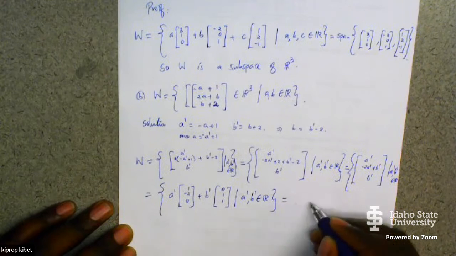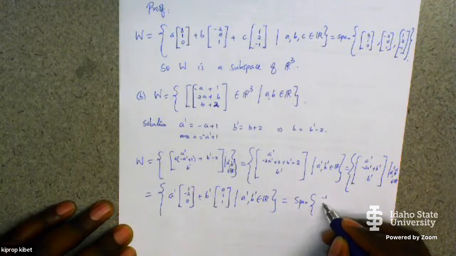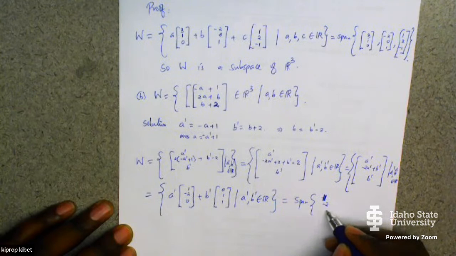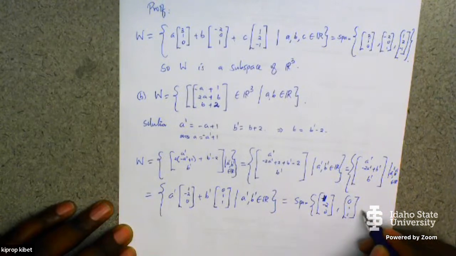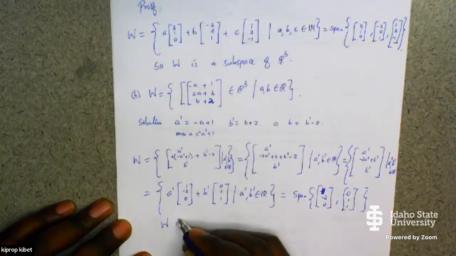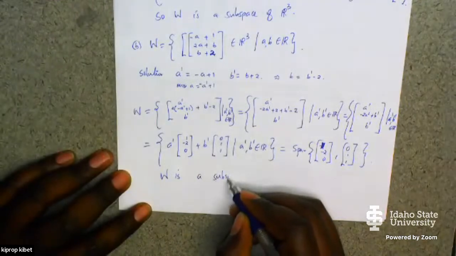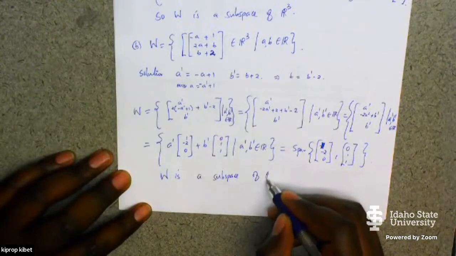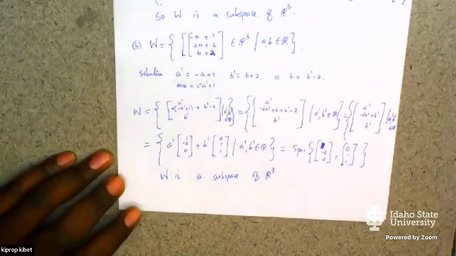And this can also be written as the span of (1, -2, 0) and (0, 1, 1). This can be written like that. So therefore, W is a subspace of R3.